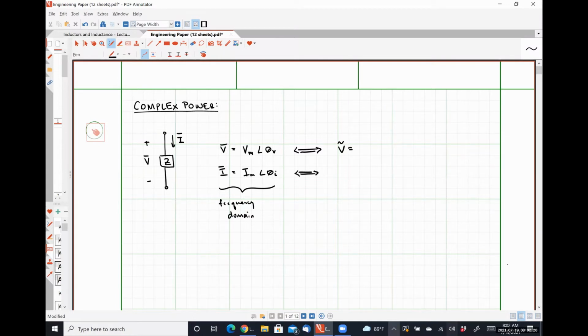And we convert by simply dividing our phasor voltage by the square root of 2, which means all we're really doing is using the effective values that we discussed in the last class. This would be V RMS with an angle of theta V, and similarly our RMS phasor current would be our phasor current divided by the square root of 2, giving us I RMS angle theta I.